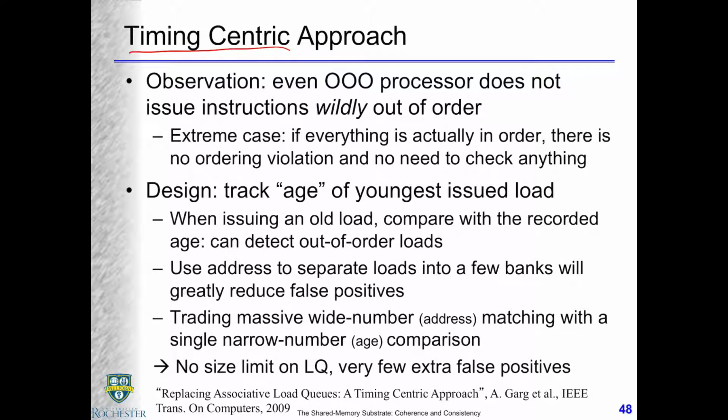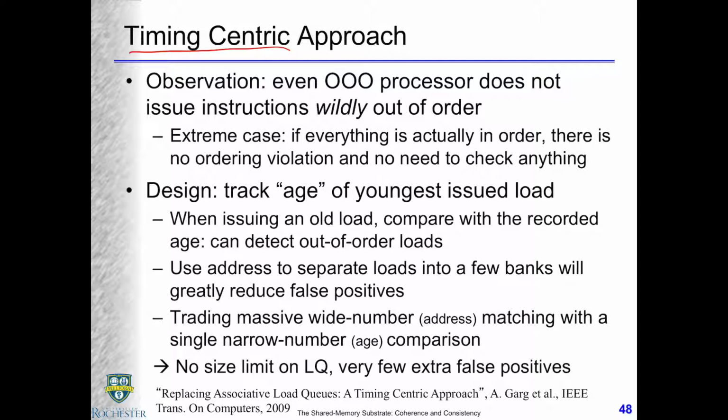The observation is this: yes, we have an out-of-order processor, but that doesn't mean they're wildly out of order. In fact, even with an out-of-order processor, you can run a program and see that the actual execution order is very close to program order, to in-order execution, with some occasional out-of-order execution.